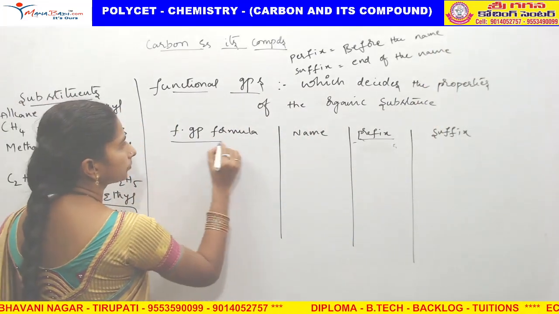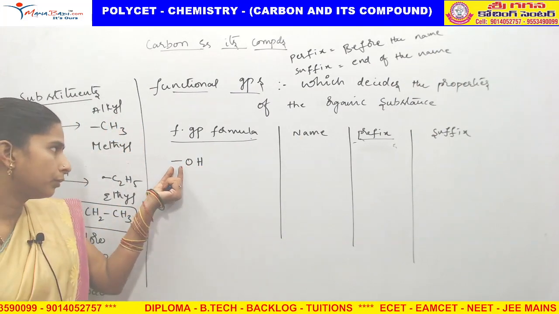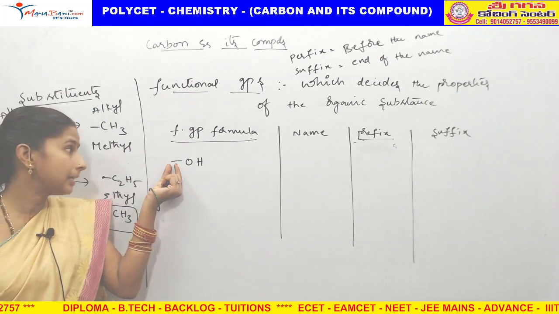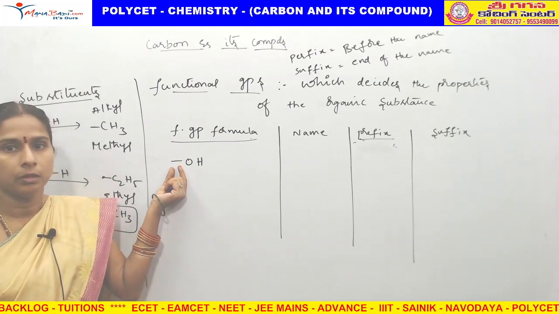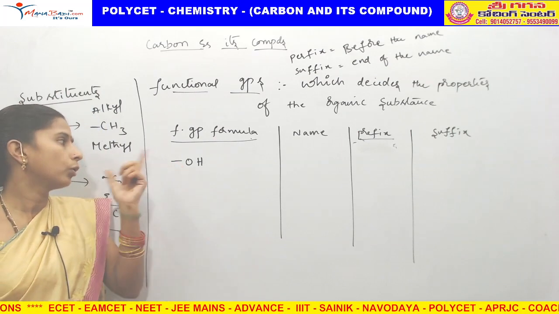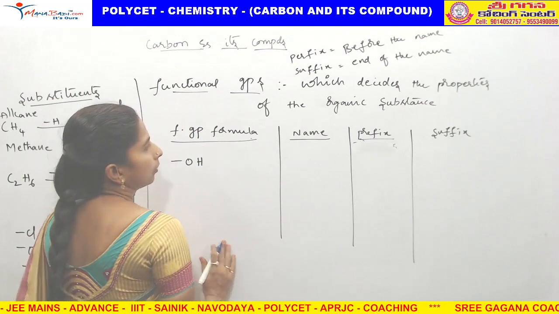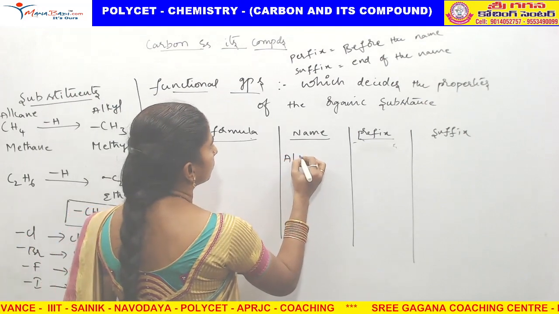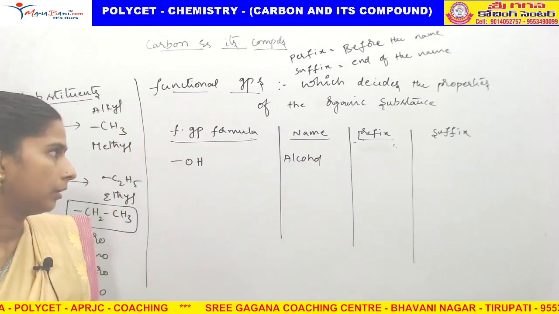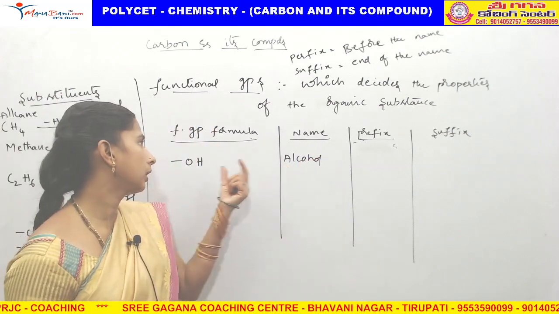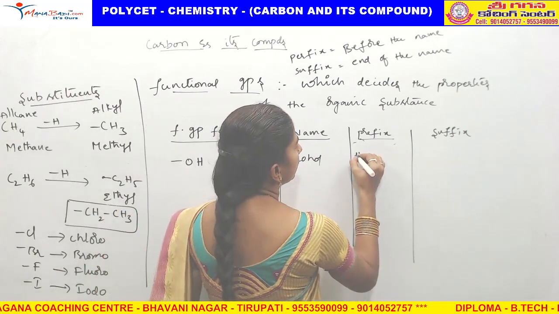First one, OH. I already told you, if we use the bond, this end is going to connect with another group. That is the meaning. So the OH group is called the alcohol functional group. Prefix is hydroxy.